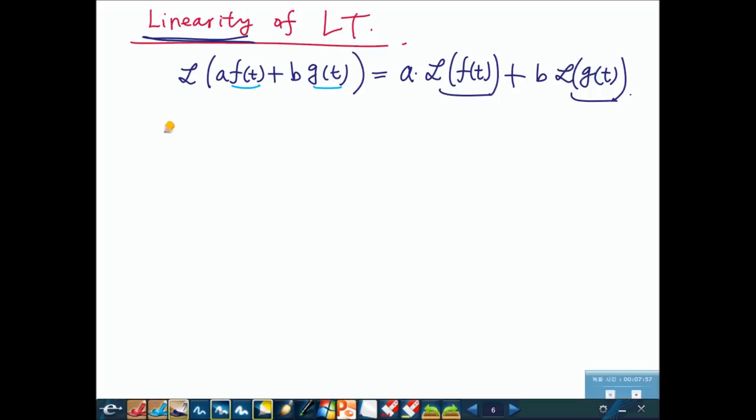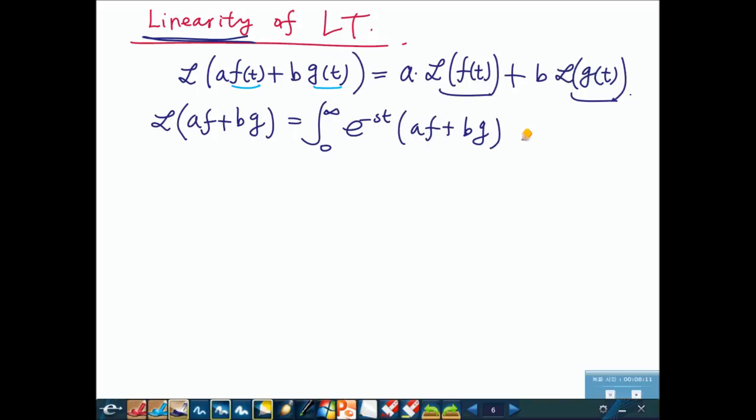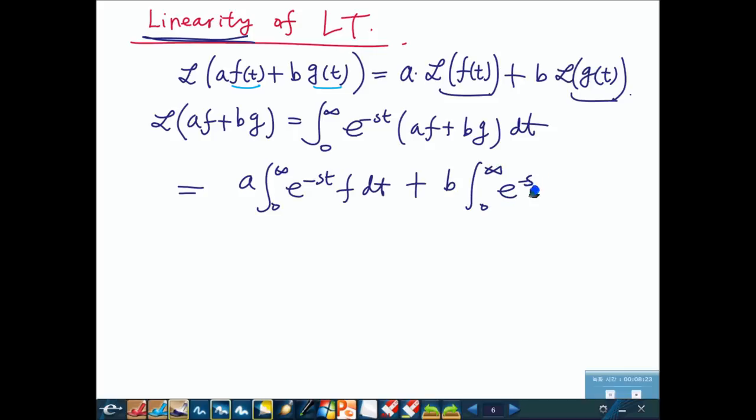The mathematical proof is really easy. Okay? So a f plus b g, and you put it into the definition, right? So e to the minus st, a f plus b g, dt, which is a times the integral from 0 to infinity of e to the minus st times f dt plus b times the integral from 0 to infinity of e to the minus st g dt.